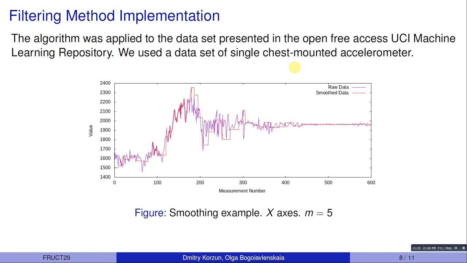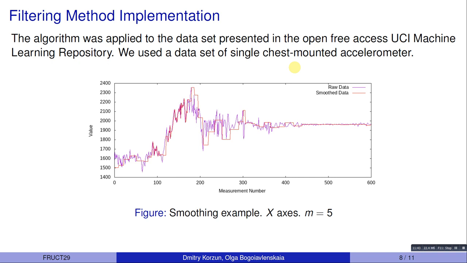Now on this picture you can see a smoothing example. This smoothing was done by our algorithm. It is applied to the x-axis and m is 5. M is the length of a monotonic sequence, which is treated as significance.